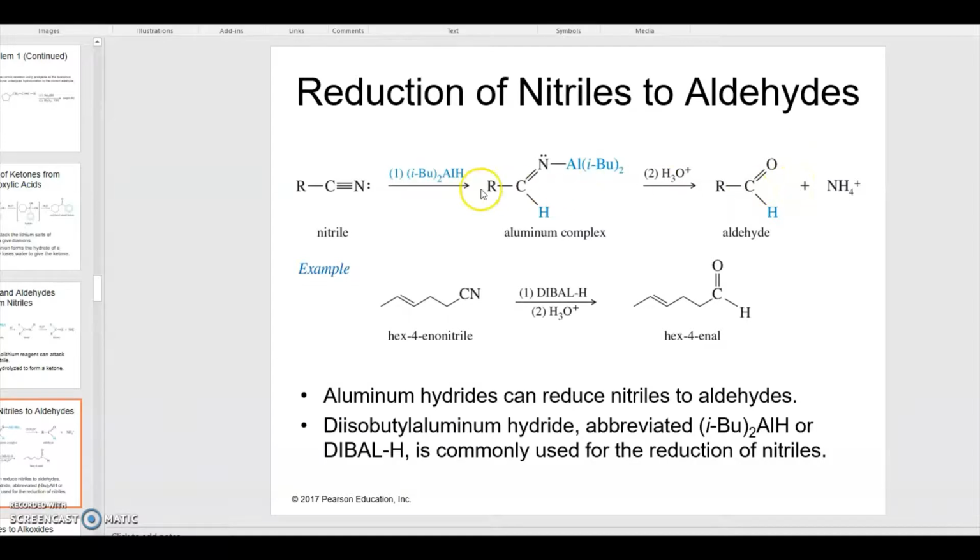That's why here aluminum hydride is modified and is changed to diisobutyl aluminum hydride. So to change a nitrile to an aldehyde, we need to use a mild reducing agent like the one that is shown in here, and further acidify it.